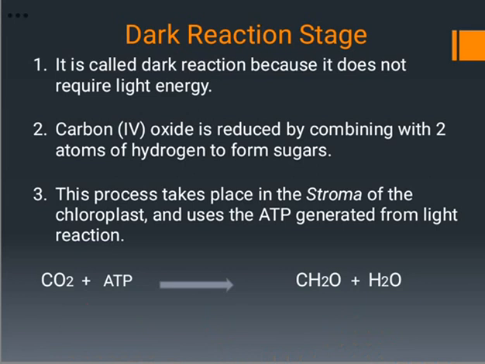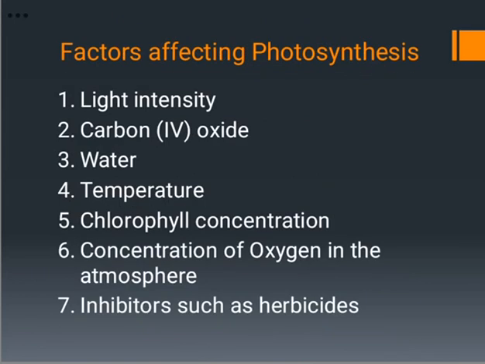Then we move from here to factors affecting photosynthesis. There are about 7 main factors affecting photosynthesis. And what do we mean by factors affecting photosynthesis? Factors that will determine the rate at which photosynthesis will be taking place.